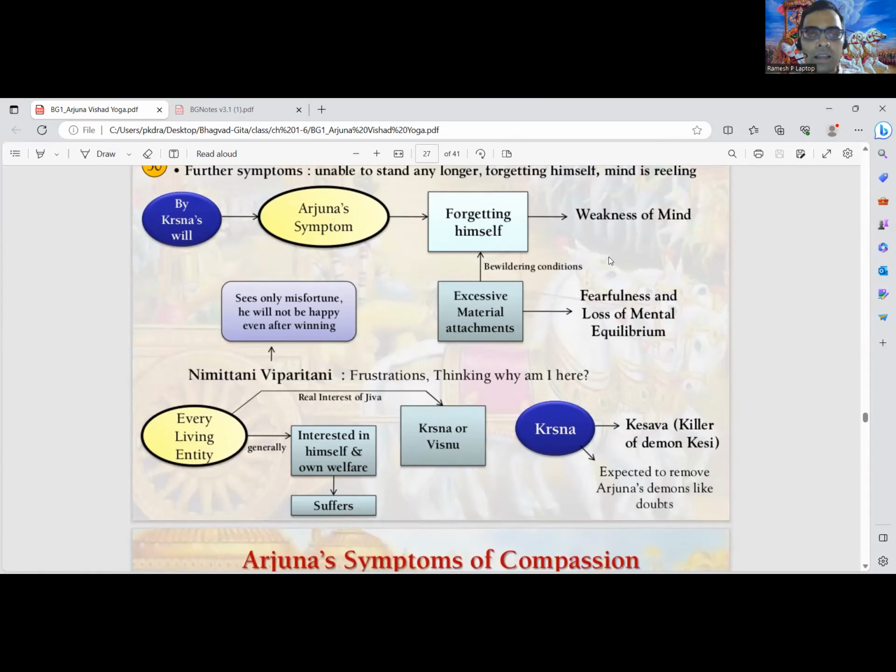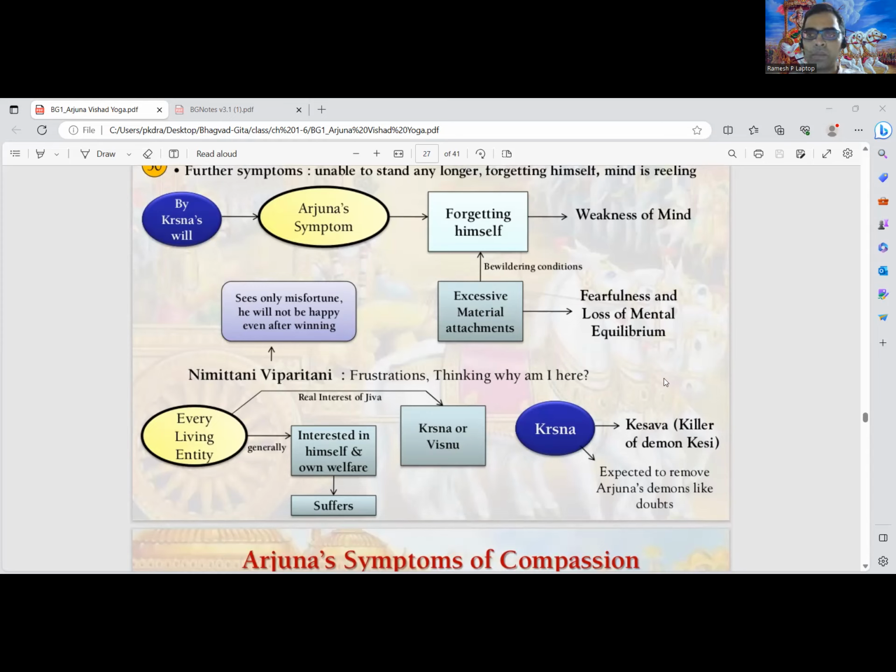And then he felt that he was getting frustrated, and he was thinking, why am I here? That happens to all of us. When we have only frustration, we think, why am I in this position?